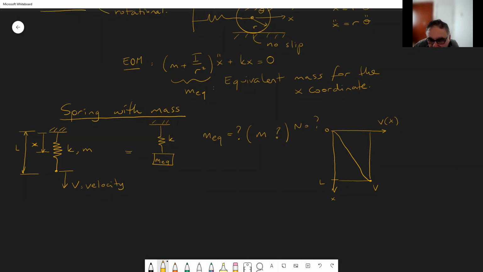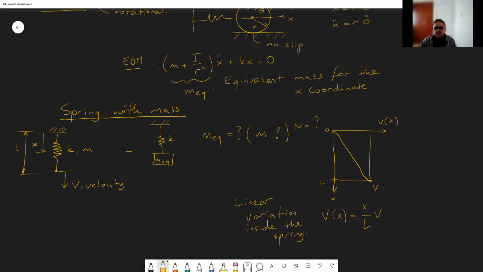So you can say that v of x equals x over L times v, where v is the velocity at the bottom. It's a linear variation inside the spring.